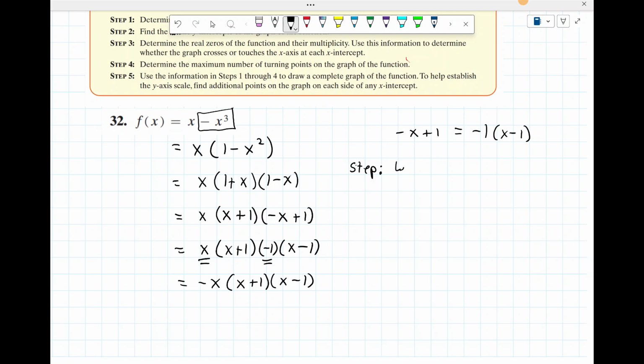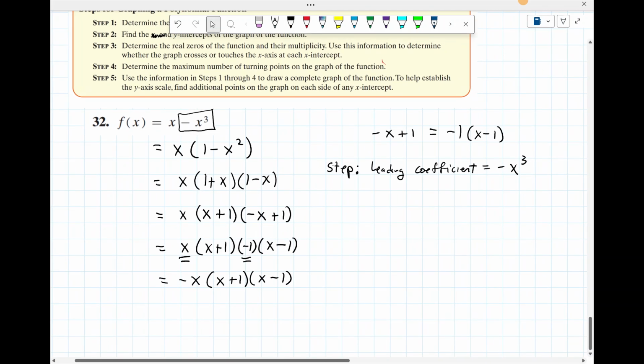So our leading term is equal to negative x to the third. Notice that this is negative, and my exponent is odd. That means that my end behavior will be the same as y equals negative x to the third. In fact, that's what this is.